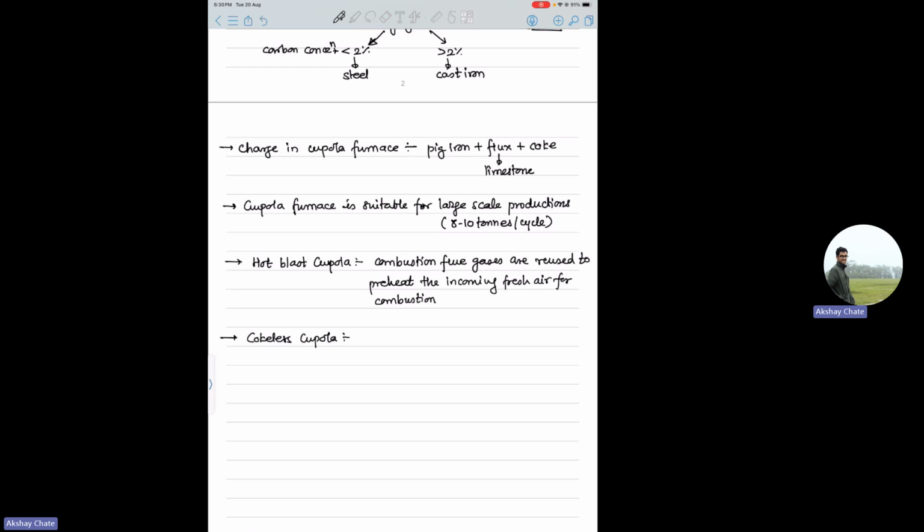I think this was discussed in the class also. Here you can use different kinds of fuels, not only coke, so that you'll have less carbon in your flue gases. This is like an environment friendly version of the cupola.